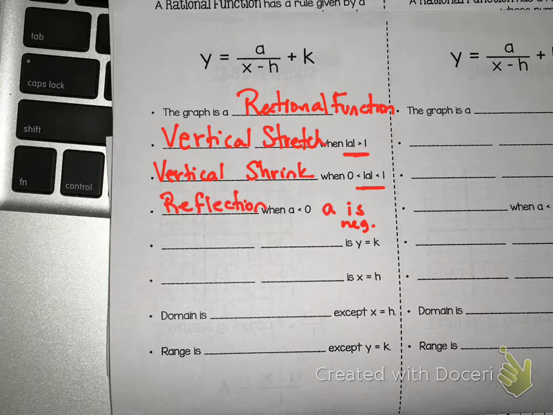When y is equal to k, then it is a translation of k units. It's going to be either up or down, based on the sign of k.